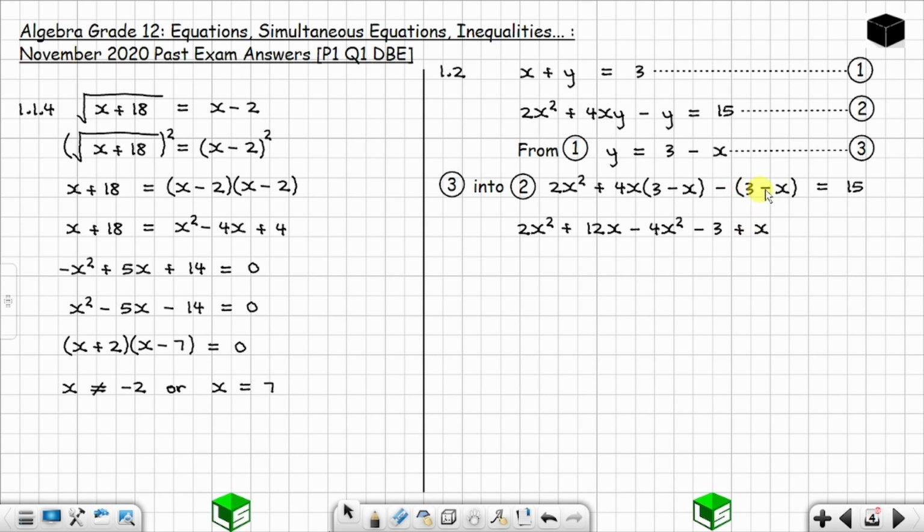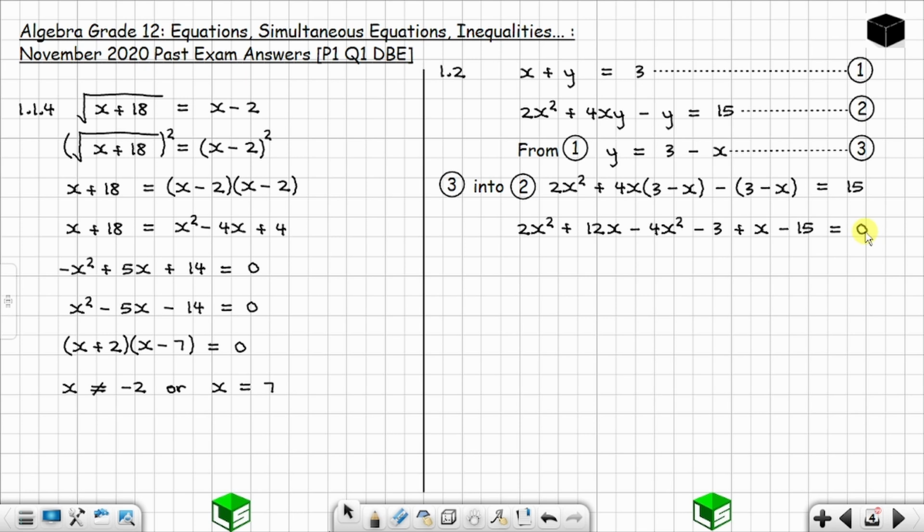Remember, the negative is affecting everything inside the bracket. So you have negative 3 plus x. And now you have 15 on the other side of the equal sign. You bring it to the other side and it becomes negative 15. And so this is equal to 0. You only remain with 0 on the right side of the equal sign.